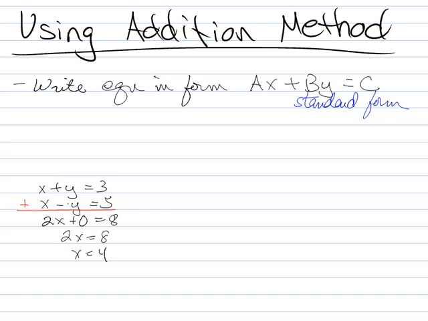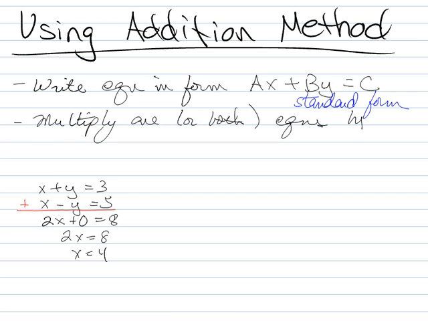Most of the time, however, you're not going to have this pretty plus y minus y. You're going to have to manipulate your equations so that they'll cancel each other out. So you want to multiply one or both equations by some number, and you can multiply the other one by a different number.